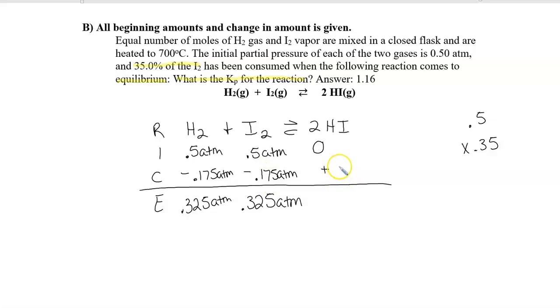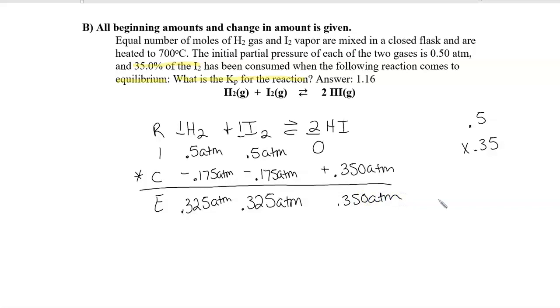It's going to be twice that amount because it's a 1-to-2 ratio. It's stoichiometry. So this is actually going to be 0.35 atmospheres because for every one, there are 2. So I doubled that number. This is where, in the change, the coefficients should be proportional. So we get 0.350 atmospheres.